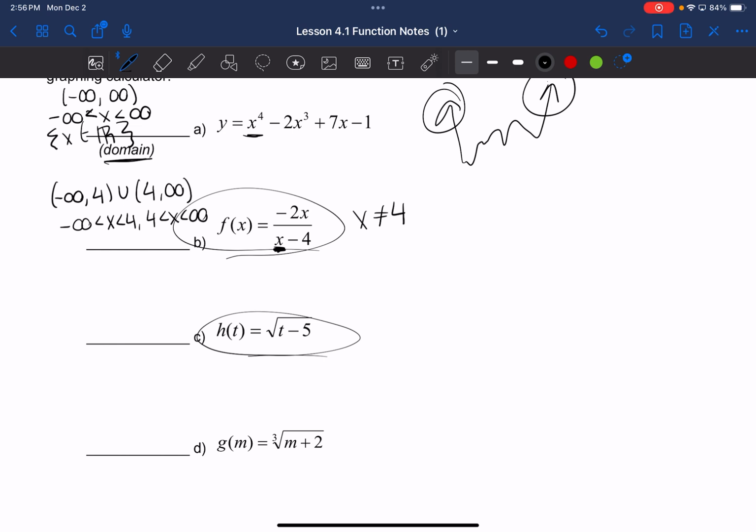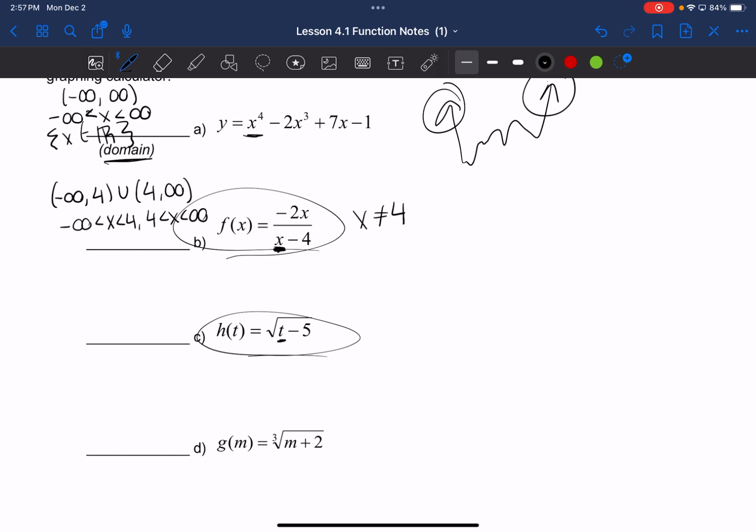Okay? All right. For C, again, you may not have remembered what this rule was, so you might have put it in your calculator, but the rule that I reminded us of was that we can't take the square root of what? A negative number. So I would just want to make sure whatever I put in for t doesn't give me a negative, right?